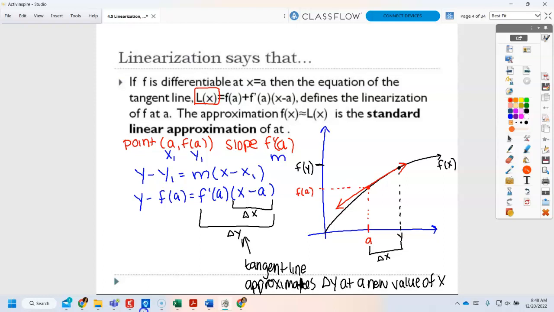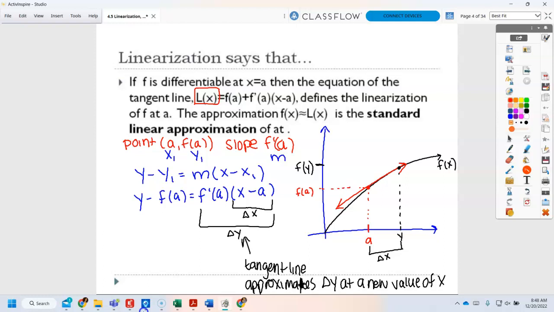So if you look at this graph right now, the black curve represents the original function. Is the black curve concave up or concave down? Is the red line, which represents the linear approximation, aka the tangent line, going to be above or below the black curve at the points we drew in? Above.